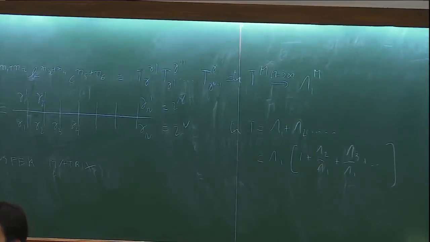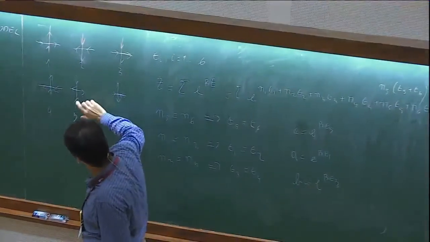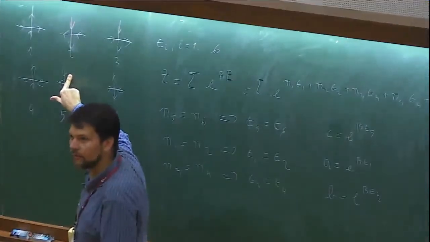Sorry, I missed why we are taking epsilon 5 equal to epsilon 6. I mean, 5 and 6, why do I take them to be equal? Because of periodic boundary conditions. Because every time I have a vertex of type 5, if you look at, for instance, the vertical, it turns an up arrow into a down arrow.